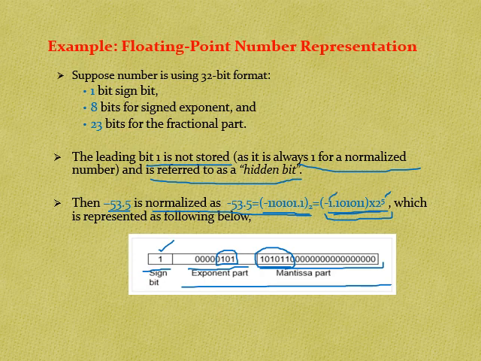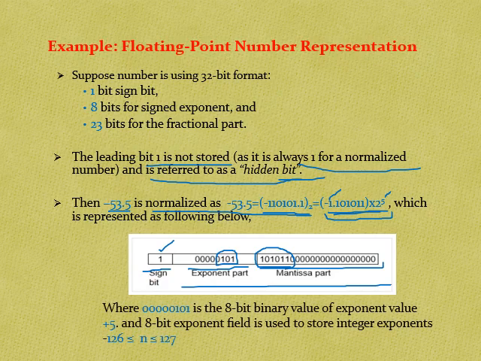And we can see that this 1 is not stored. This 1 is the hidden bit. In this way we can represent a number in floating point representation.